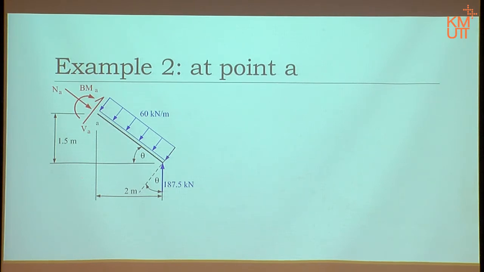Three over 5, 0.6. Okay? It's the ratio of the triangle. This is still a 3, 4, 5 triangle, right? Okay, so that's understandable. Now, rather than do sigma Fx, sigma Fy, which will give me too many unknowns, what I do is take forces along this line instead, which I call sigma Fn.